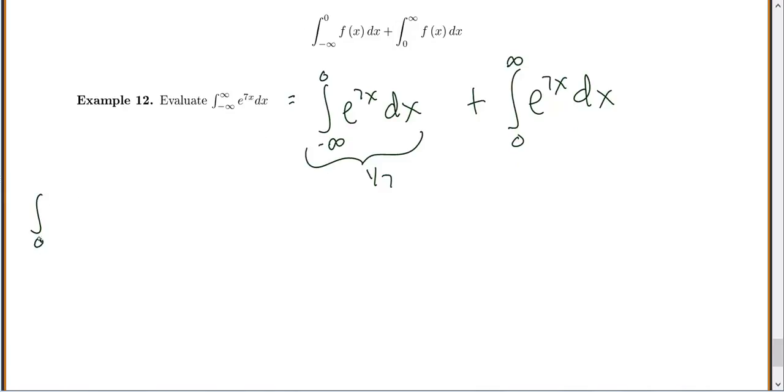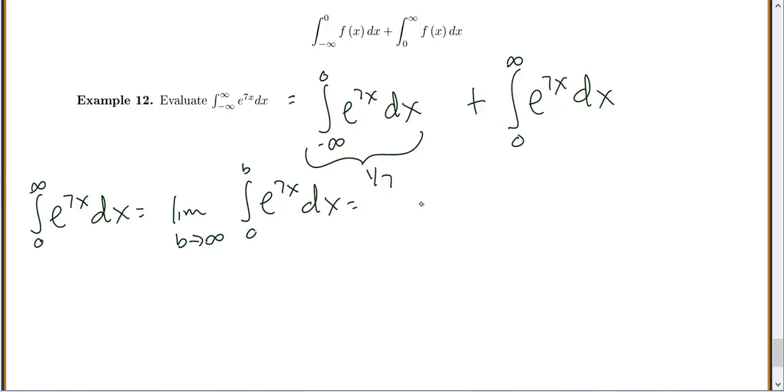So let's focus on just this piece for a minute. Let's do the integral from 0 to infinity of e to the 7x dx. This will be the limit as b goes towards infinity of the integral from 0 to b of e to the 7x dx. We know the integral is going to be e to the 7x over 7 evaluated... oh, I forgot to write my limit again. You have to be careful.